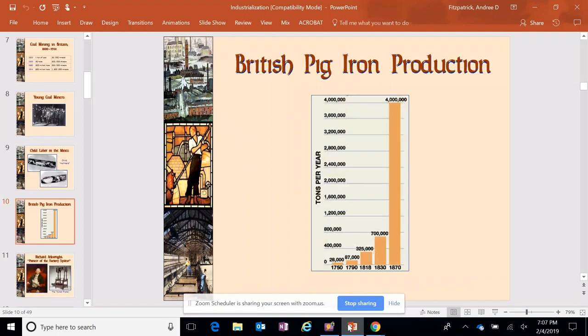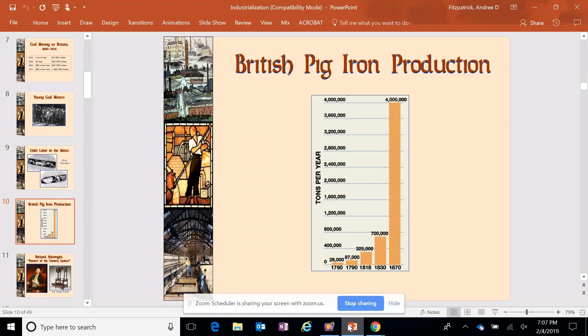And look at the production of iron, how much it increases. Before this time period, because we've been talking about iron dating all the way back to about 1200 BCE, that's when the Iron Age occurred. But iron was traditionally very expensive and somewhat rare to mine and manufacture.